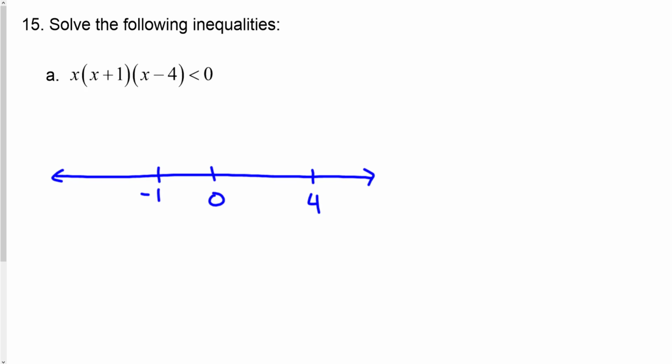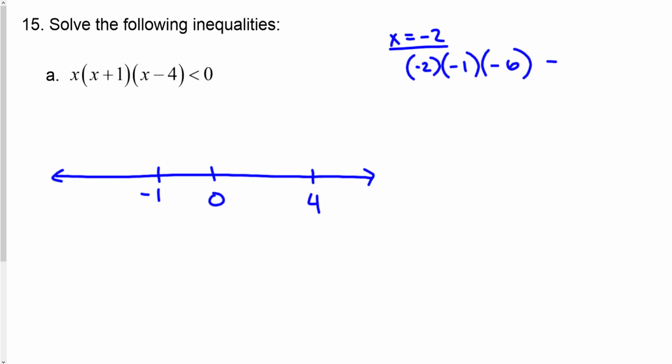So for instance, if I choose negative 2, so negative 2 plus 1 would be negative 1. Negative 2 minus 4 would be negative 6. So I'm just plugging that into my polynomial. So a negative times a negative times a negative, there's 3 negatives.